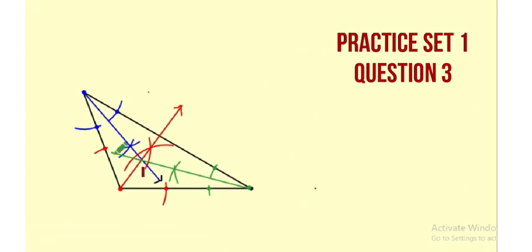I is the point of concurrence of all the angle bisectors of this triangle and it is inside the triangle. Now follow the same method for constructing the angle bisectors of right angled triangle.